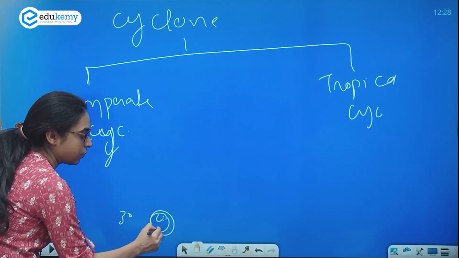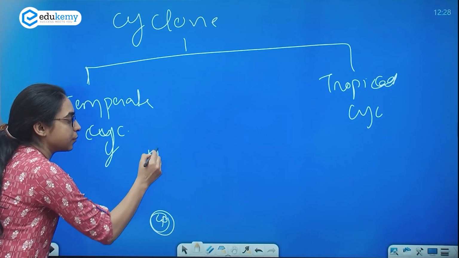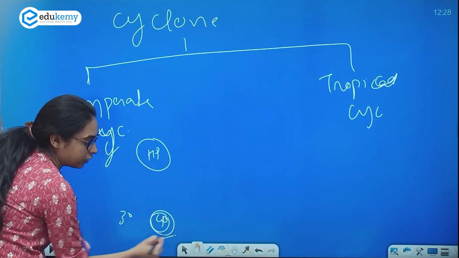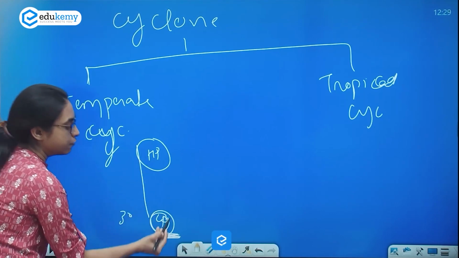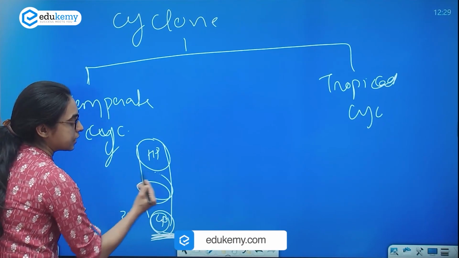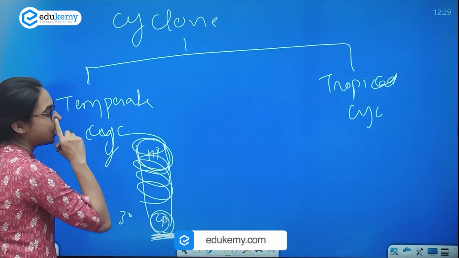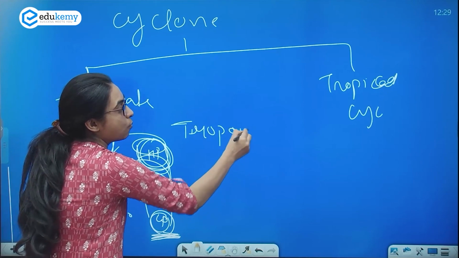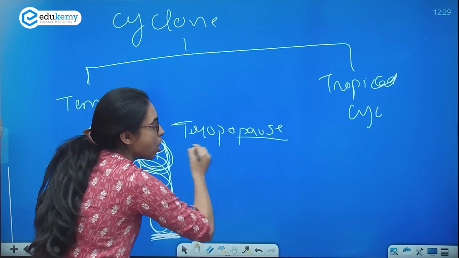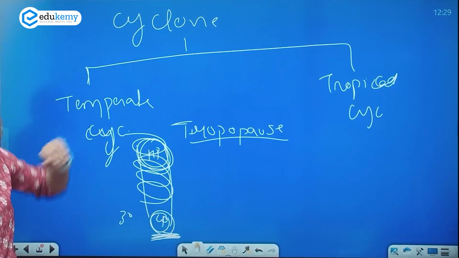This is a low pressure and there is a high pressure. Though they are tertiary with respect to the extent, vertically the tropical cyclone or the temperate cyclone, their influence extends up to the tropopause. Their vertical extent is this much.